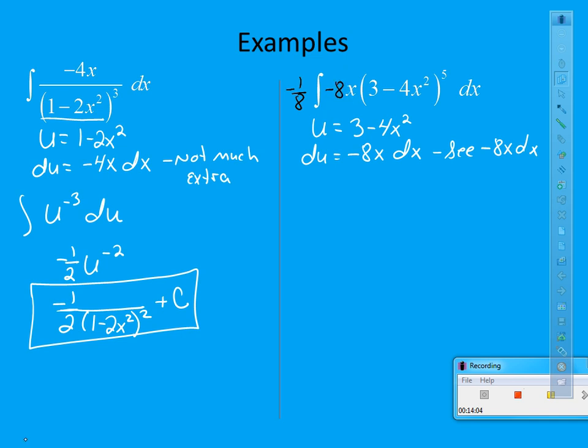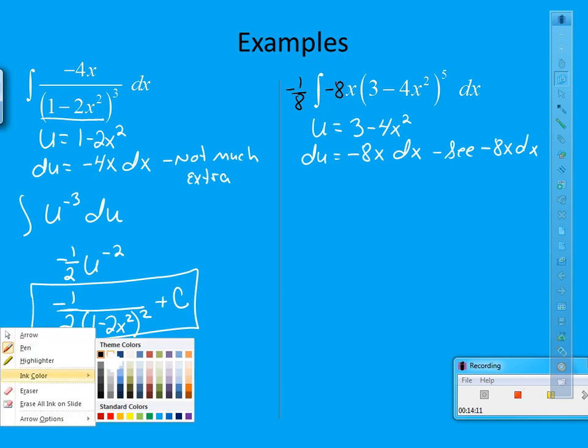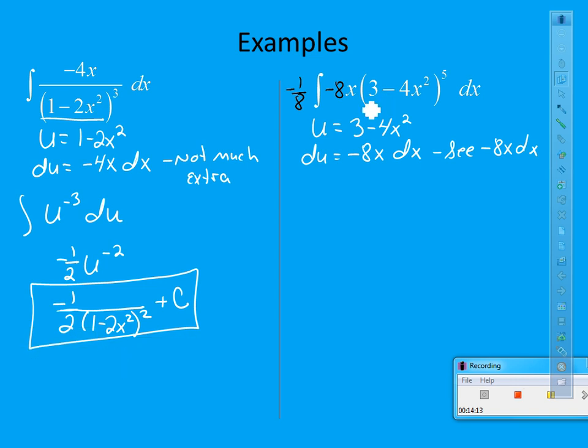Now when I go to rewrite this, all of this becomes this. This right here becomes the antiderivative of u to the fifth. Negative 8x dx becomes du. And I've got that negative 1/8 out front. Remember, I need that so at the very end I get back to what's in white right here.